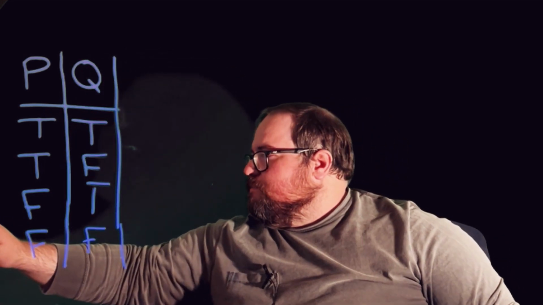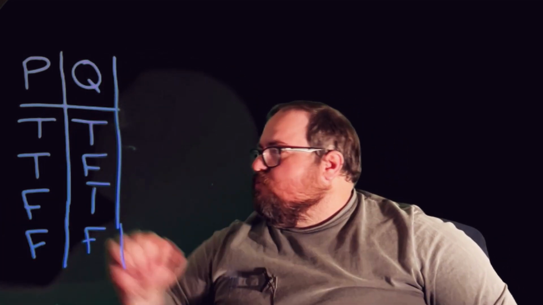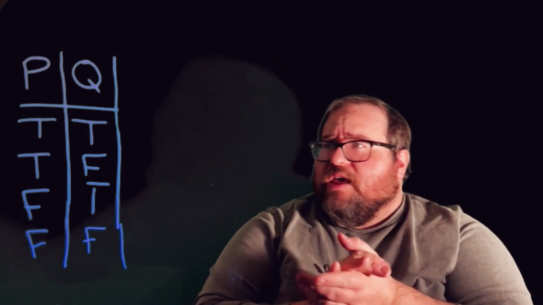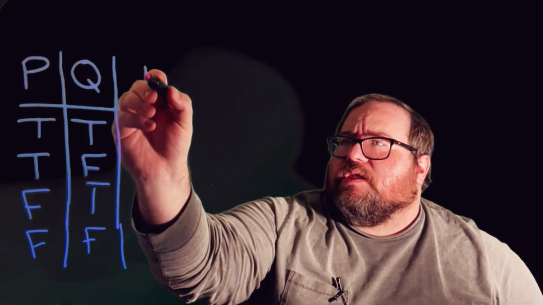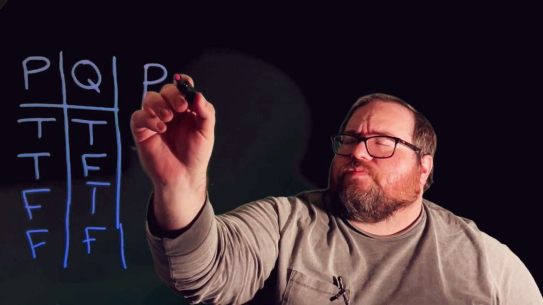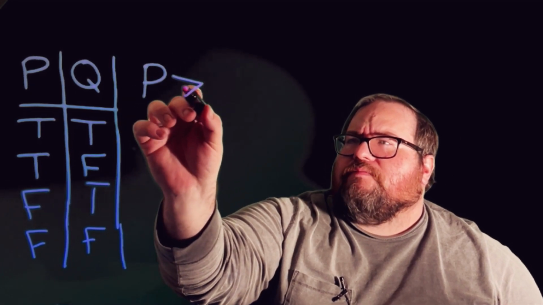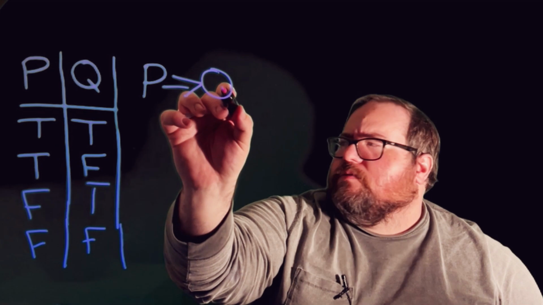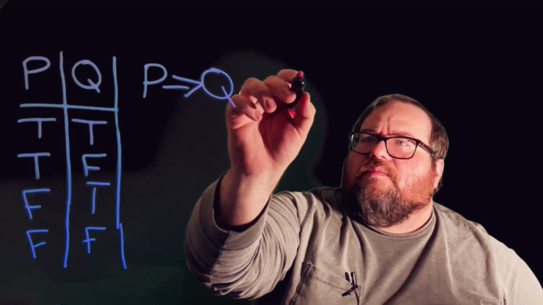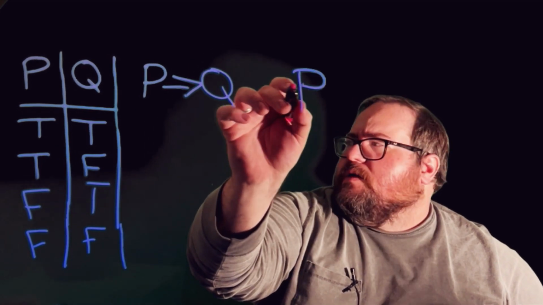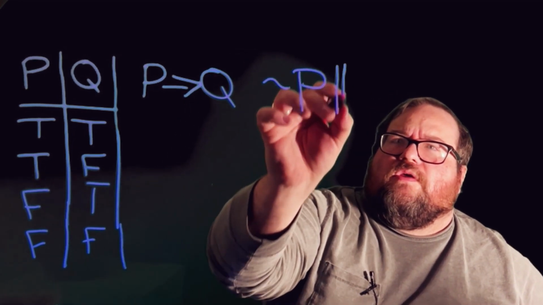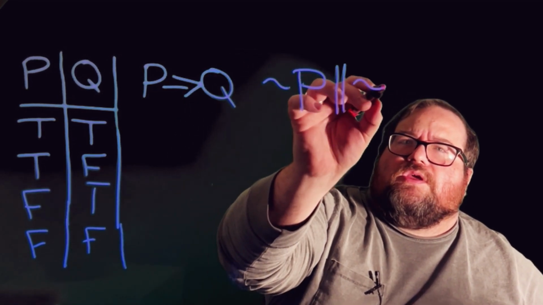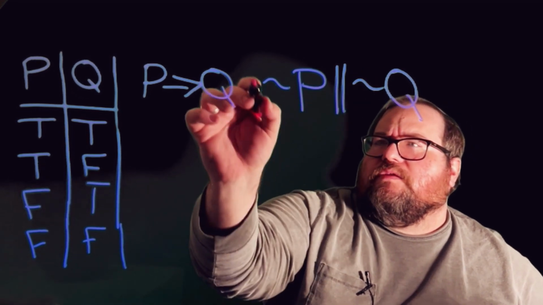So let me just pull up an argument real quick. Let's say we are working with the argument: if P then Q. P is not met, therefore Q is also not met.